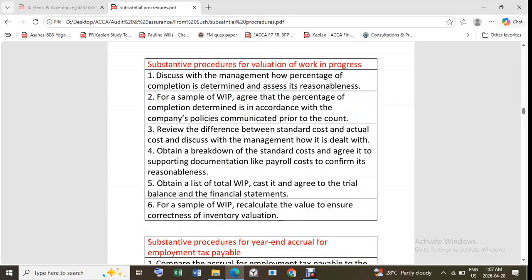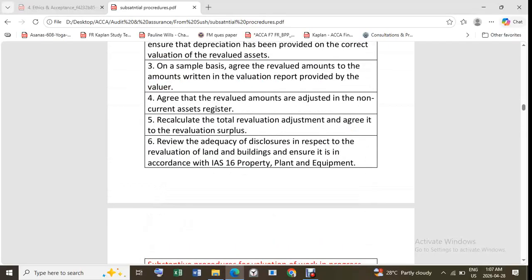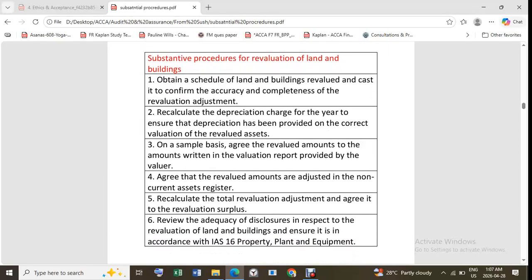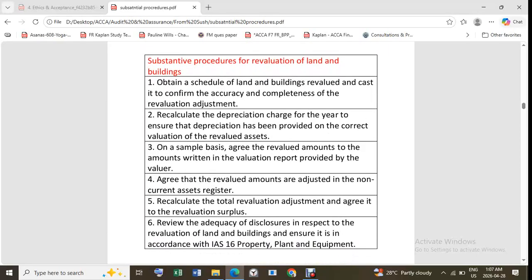Substantive procedure for valuation of work in progress. Regarding land and buildings, IAS 16 will not cover land, because property, plant and equipment does not cover land, whereas for building, it will cover. Regarding depreciation, for building there will be depreciation.